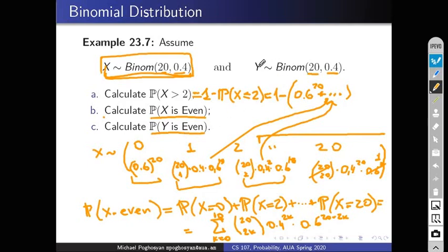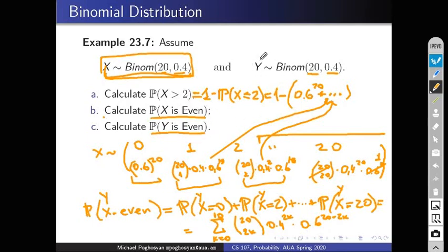But in fact, we do not have any difference between y and x. So if I write y is even, I will have this, y is 0, y is 2, y is 20, and I will have the same probabilities. So in the sense of distributions, the probabilities will be the same.